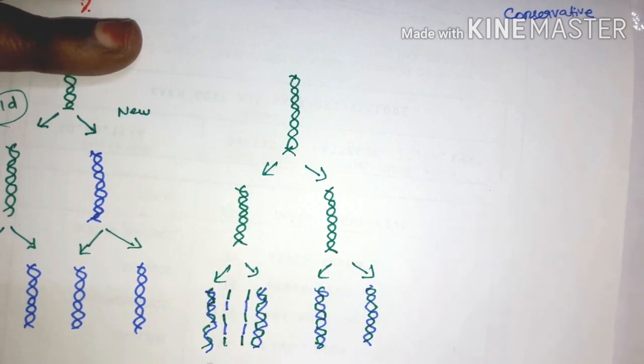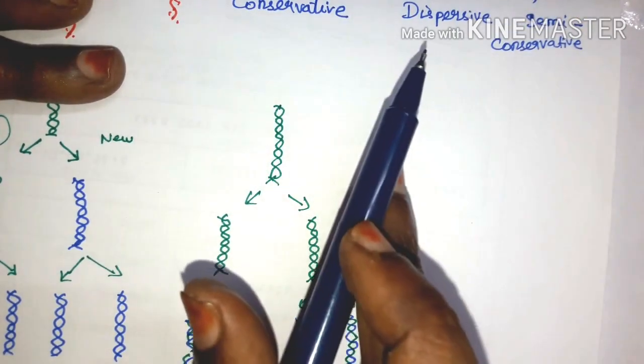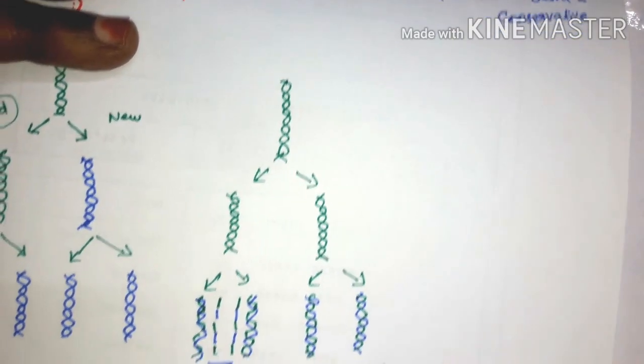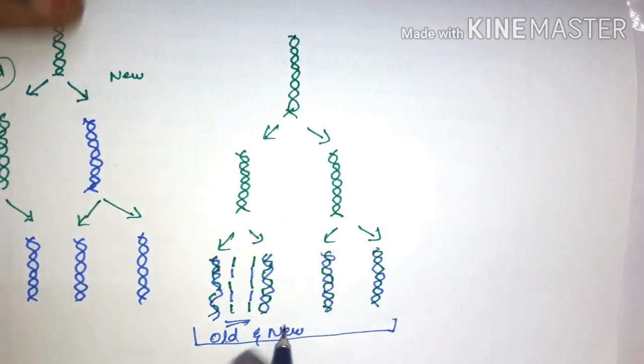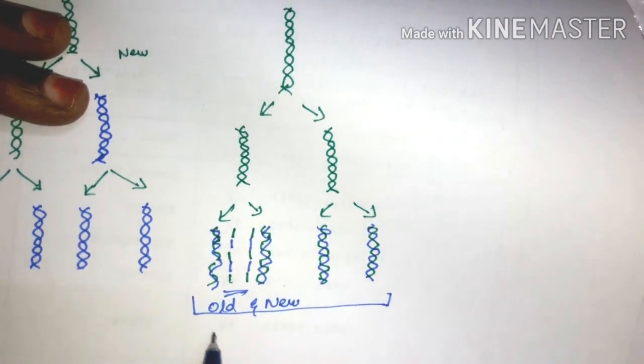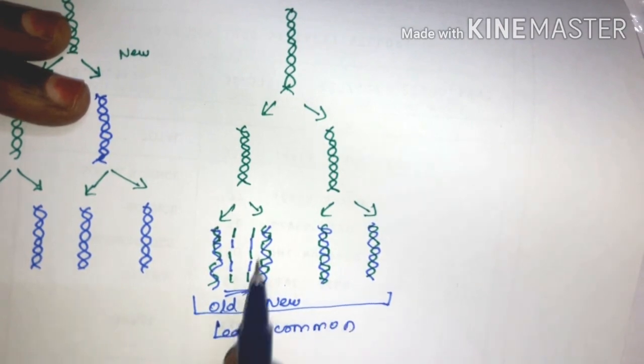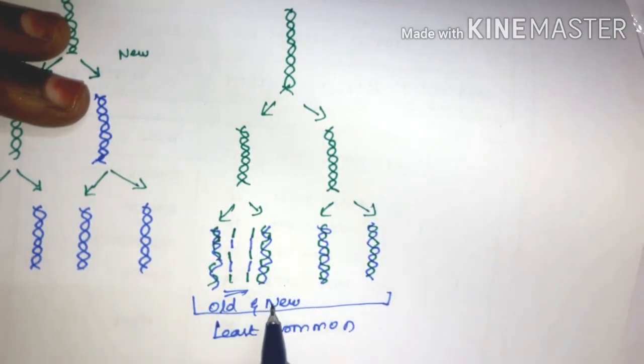This is the combination of both old and new in the case of the dispersive hypothesis. This kind of hypothesis or DNA replication format is mostly the least common. So here the fragments are produced, both old and new.